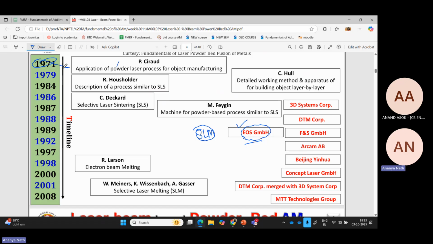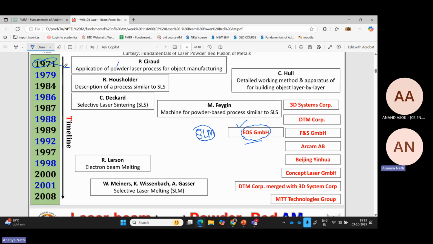When you use these optimized parameters to print metal parts again and again, you get the same repeatability and reproducibility. So standard means they are following a standard, that is the ASTM standard for additive manufacturing.